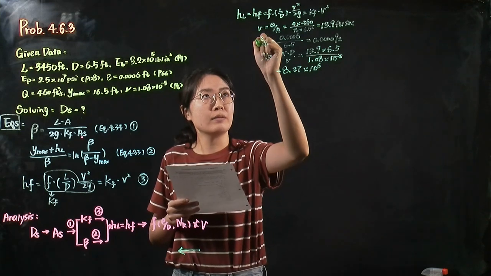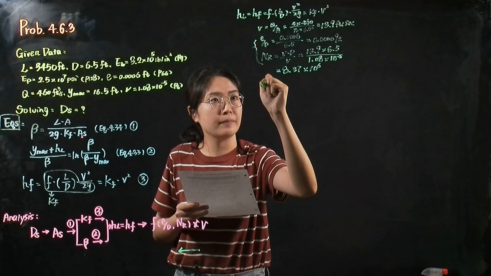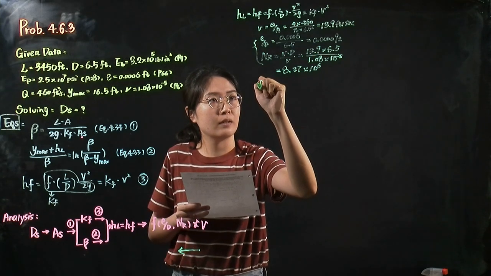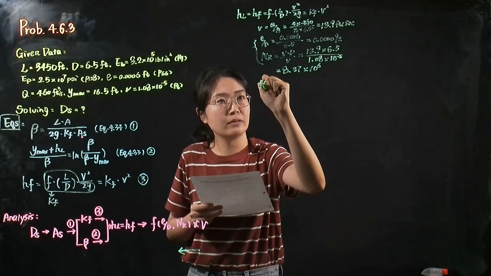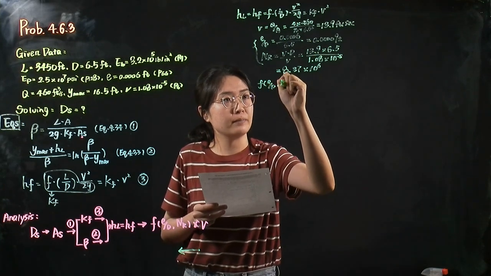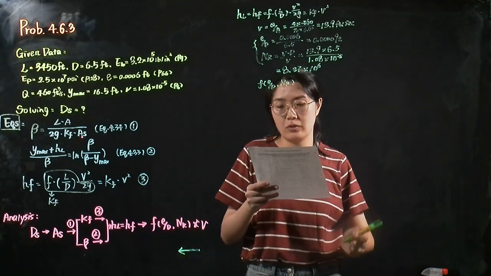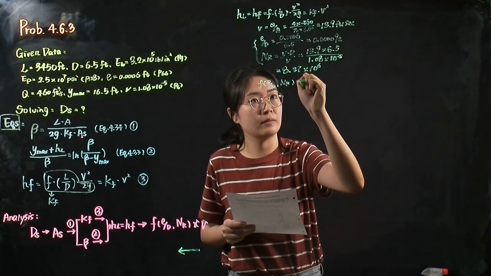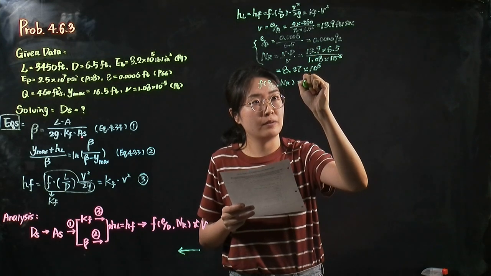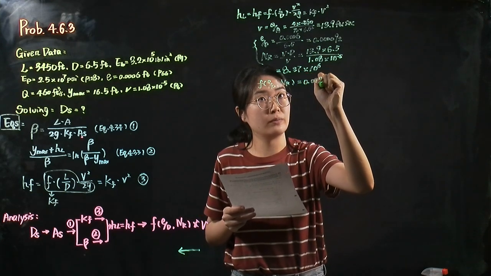Based on these two pieces of information, we can find the friction factor on the Moody diagram. It equals 0.012.